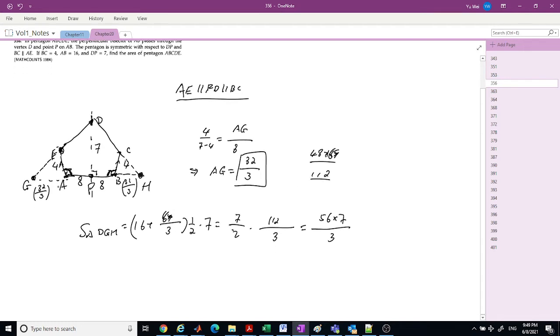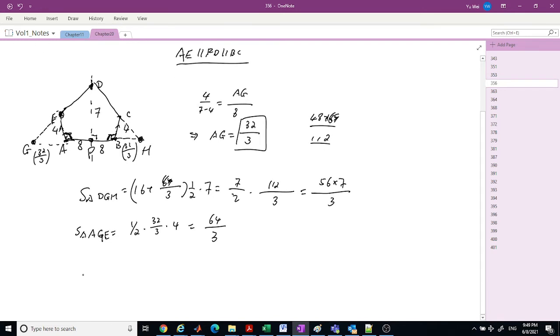Okay, and now we can also easily solve the triangle AGE, right? AGE is half of 32 over 3 times 4, which is equal to 64 over 3.